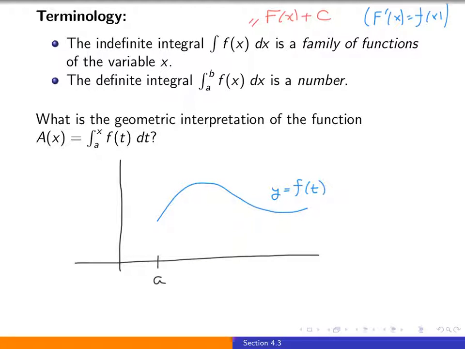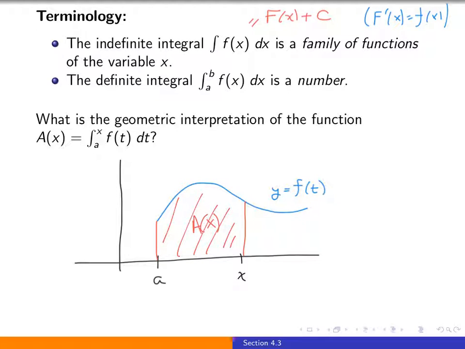In terms of a picture, if we have the function y equals, say, f of t, and we'd like to evaluate the definite integral from a to x, well, the definite integral from a to x corresponds to the net difference of area enclosed. So A of x is equal to this enclosed area.